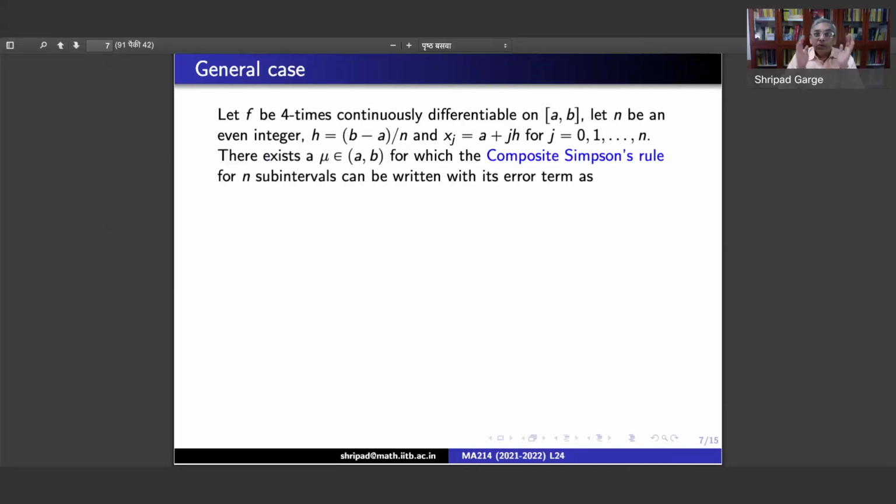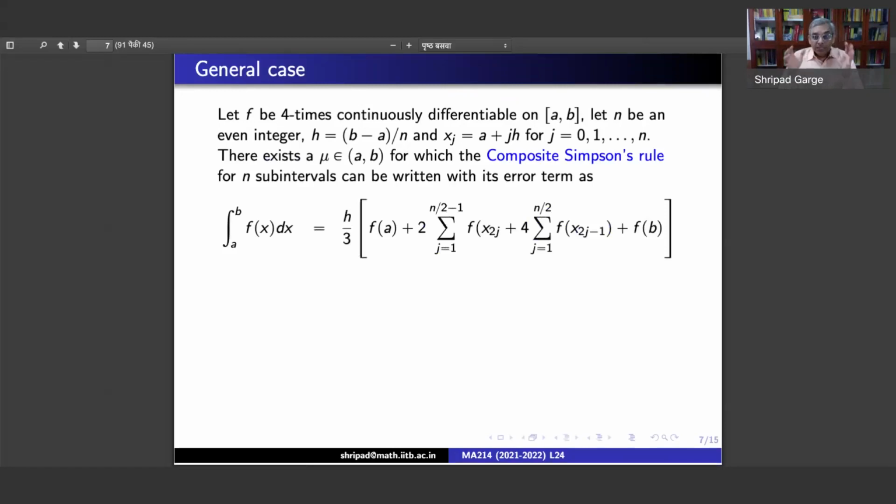There is a mu in open AB for which the composite Simpson's rule for n subintervals, with its error term, is: integral a to b f(x) dx equal to, this is the formula, which is h by 3, which is the common part for all of them.